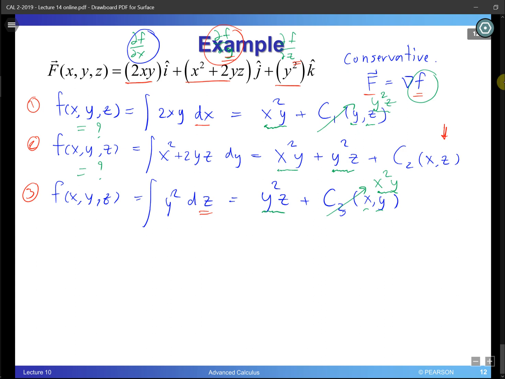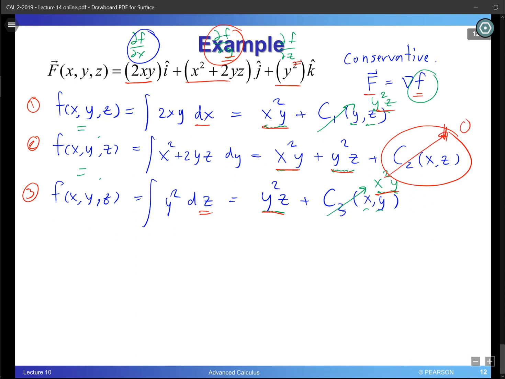Okay, common terms: x squared y, x squared y, x squared y. Common terms: y squared z, and y squared z. Now we have this. What to do with this? It means that we don't need it, because right now 1, 2, 3 are already equal to each other. So we can set this to 0.